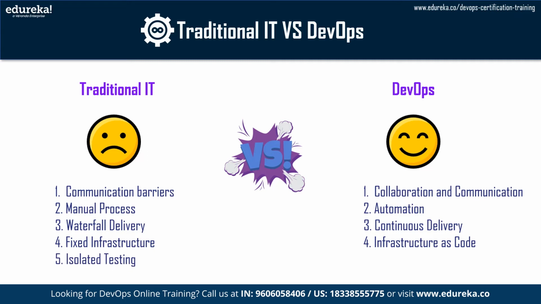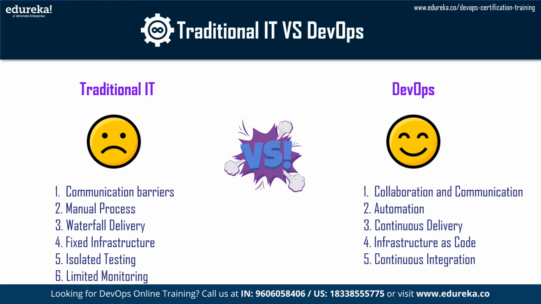For traditional models, testing is often performed in isolated phases, leading to delays in identifying and addressing integration issues. DevOps adopts continuous integration, where developers integrate code changes regularly, triggering automated tests. This helps identify and fix integration issues early in the development process.